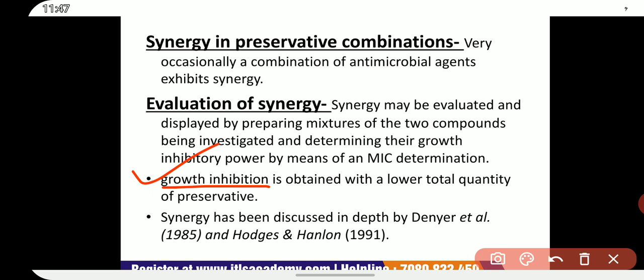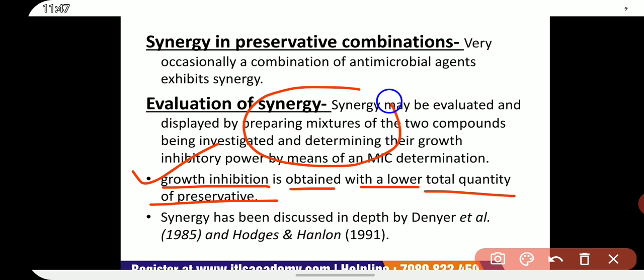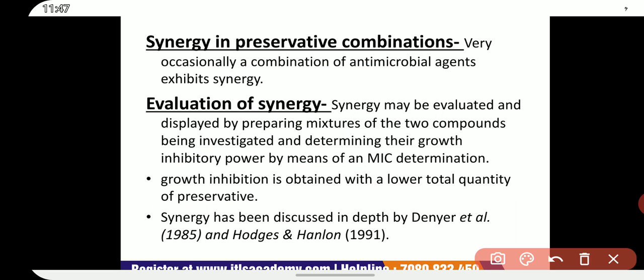Growth inhibition is obtained with a lower total quantity of preservative. When this becomes a combination of two drugs, this becomes a broad range antibiotic, and now the growth inhibition with a lower total quantity of preservative is obtained.